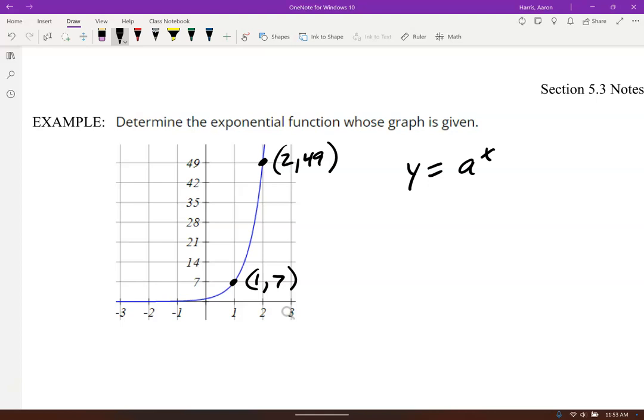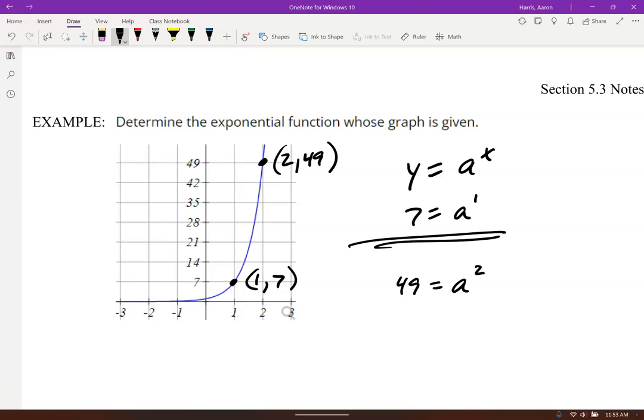And so I say, well, gosh, if I throw 1 in for x and 7 in for y, or let's do the other point, 49. Let's use 49 for the y and 2 for the x. You know, what's the a value that makes that true?